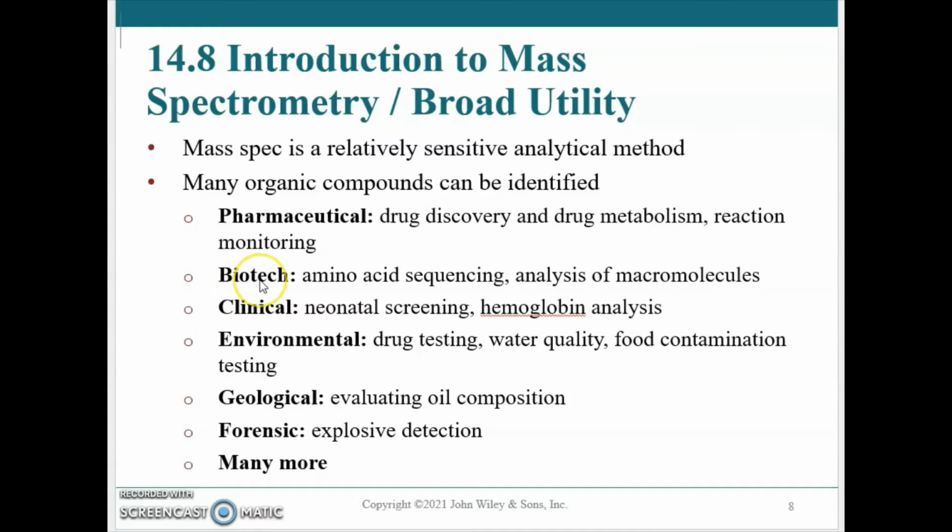Biotechnology uses mass spectrometry very heavily for sequencing protein. Clinical applications, particularly with small volume samples, such as blood draws from neonates, provide a very small sample. So the mass spectrometric method is a way to deal with a very small sample size.